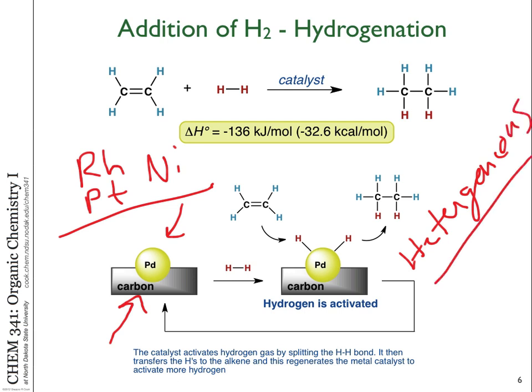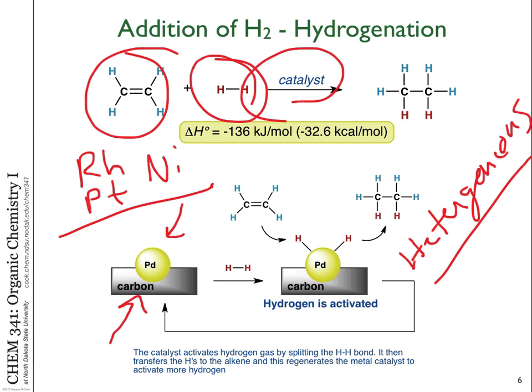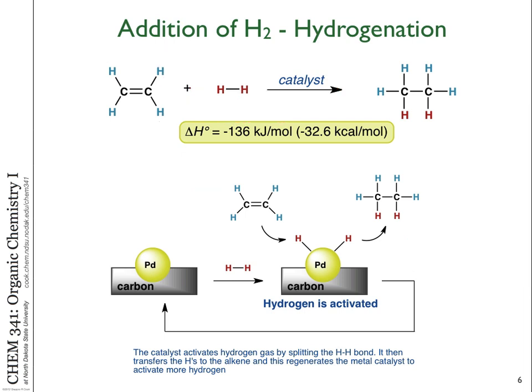There's the liquid phase that all the organic things are dissolved in, and the hydrogen gas dissolves in the liquid phase, and then the catalyst is a solid in the reaction, usually bound to carbon black, or there are lots of different solid supports. One of the most common ways to do this is to use palladium catalyst bound on a carbon surface, and you'll see it written on reaction arrows as palladium on carbon, or Pd over C.